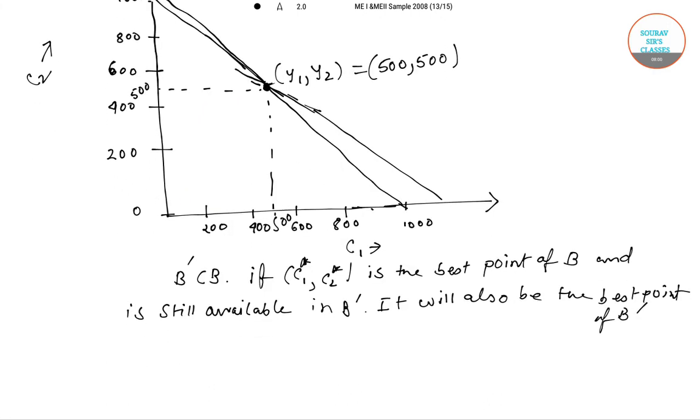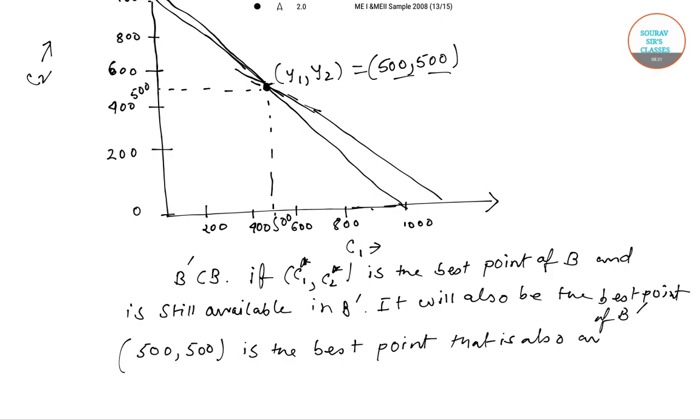So in our case, 500 comma 500 is the best point, and that is also available in B dash.